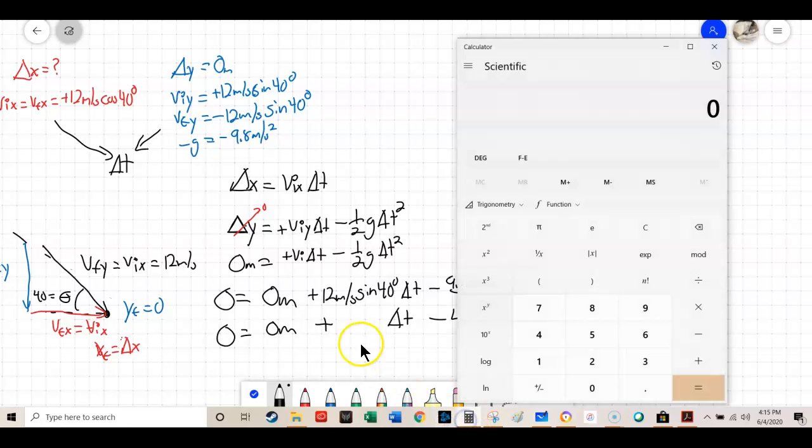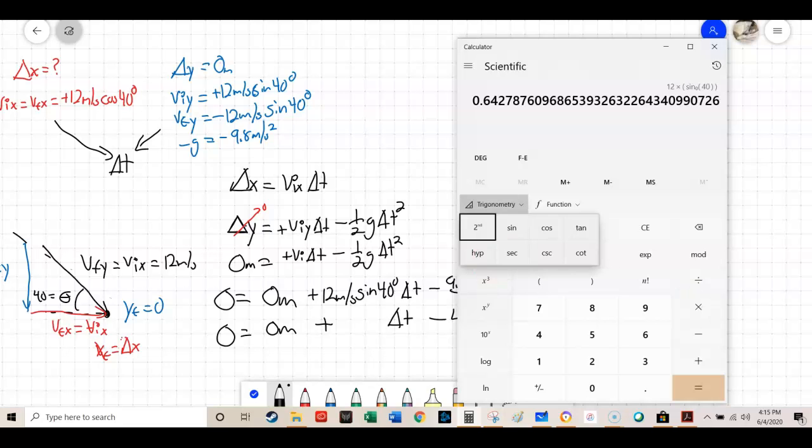Let's figure out what this number is. That's going to be 12 meters per second times sine of 40.